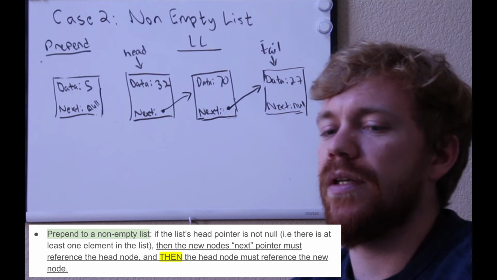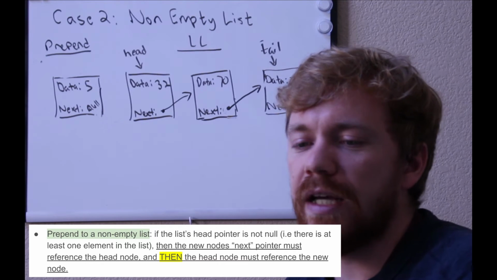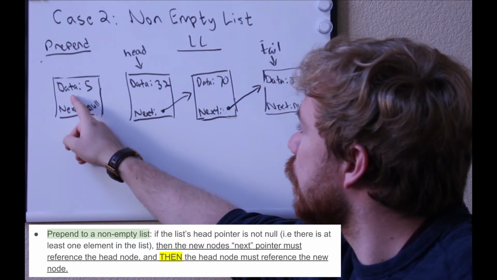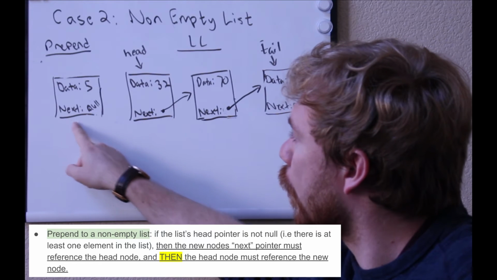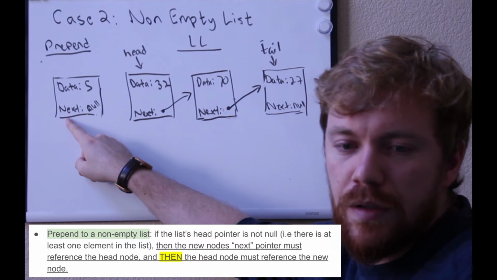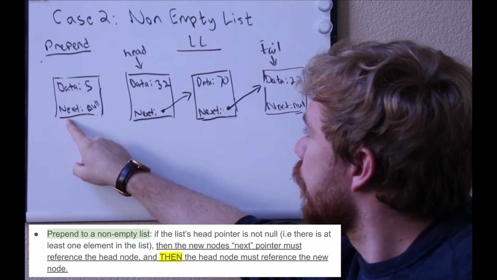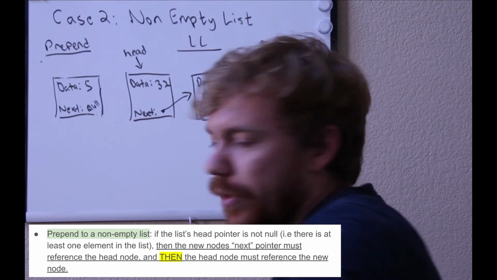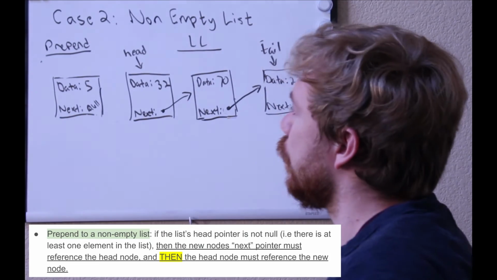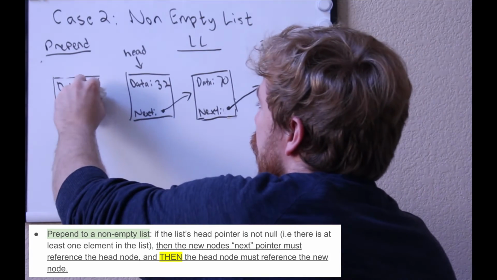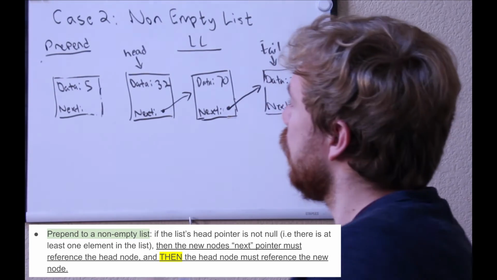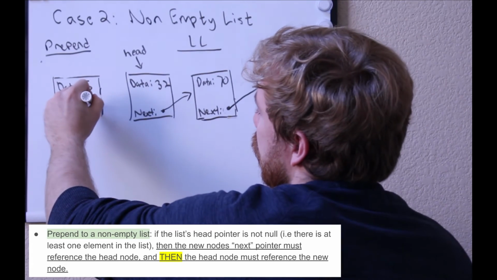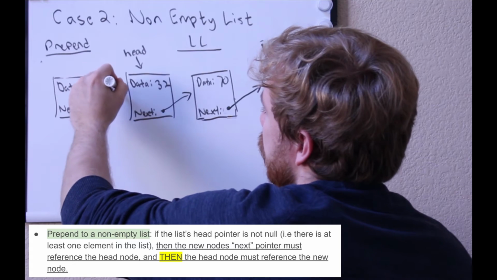The first step says the new node's next pointer, or variable, must reference the head node. So that's this guy. So we'll go ahead and do that. And similar to the append example, we'll get rid of the null, and we'll say, okay, next now references the head.